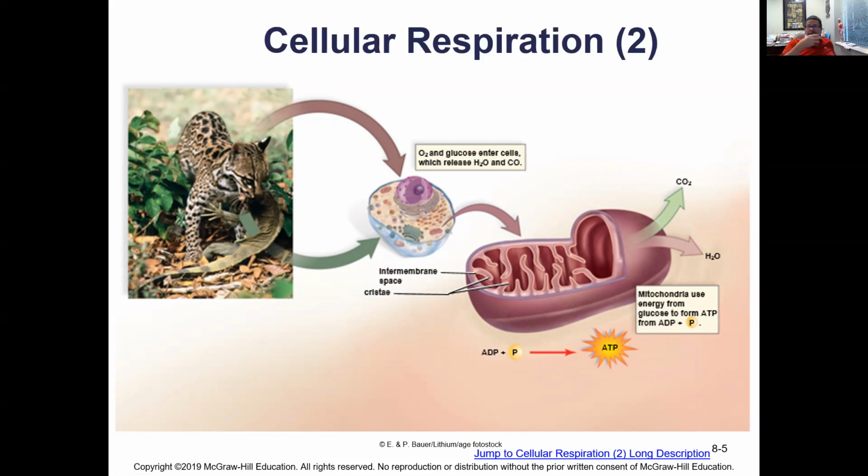The oxygen we breathe in goes into our bloodstream from our lungs to be used right here in the mitochondria, in the electron transport chain, as the final electron acceptor, so we can make all these ATPs right here on the cristae. And the CO2 that's made here is what we breathe out. It leaves our blood, goes into our alveoli, and is breathed out. So this is super cool: those two gases are directly related to cellular respiration.